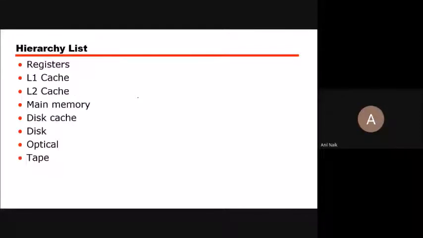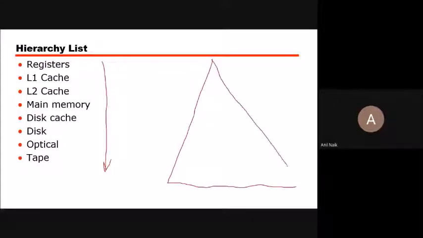So this is the hierarchy of the memory, written in detail. Here the register will come. Then they divided the cache memory into two types: L1 cache memory and L2 cache memory.